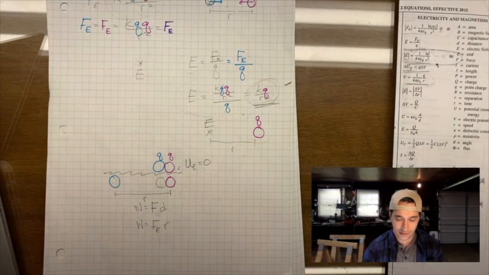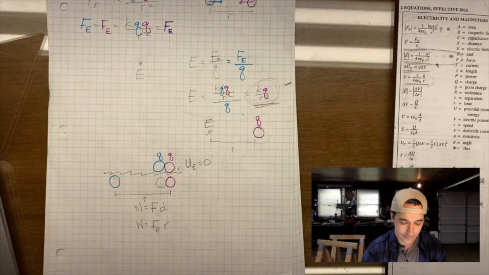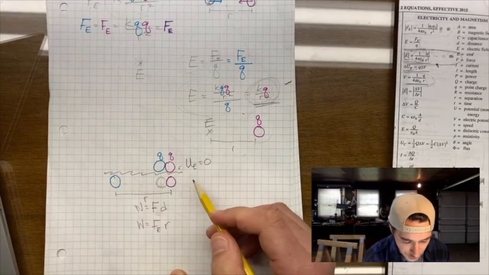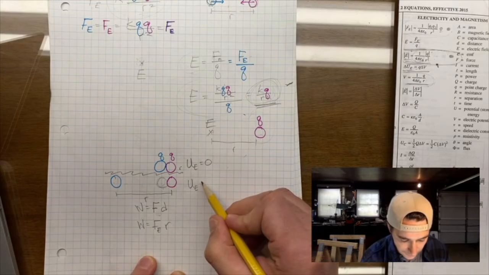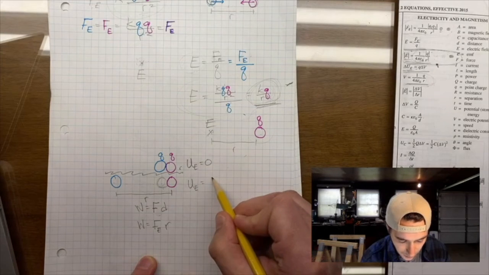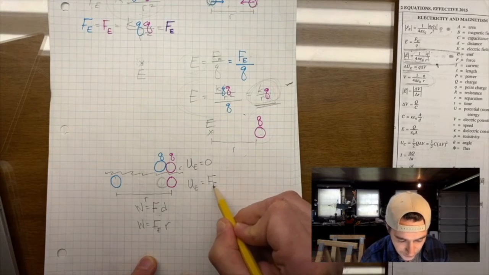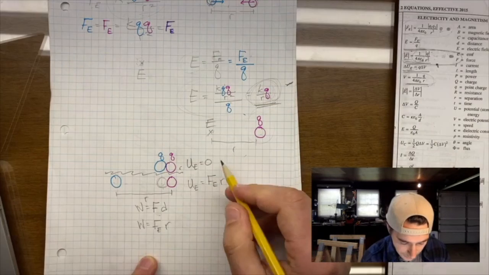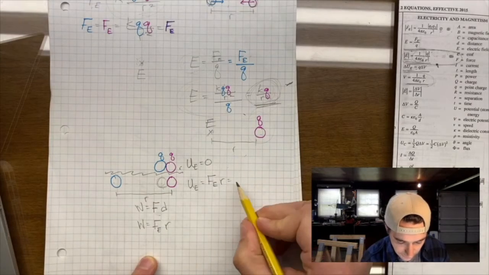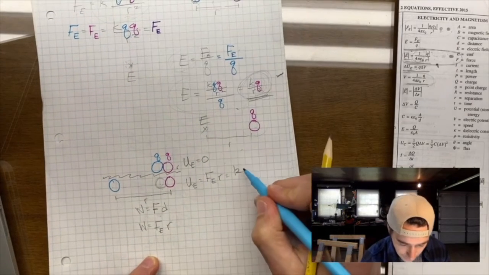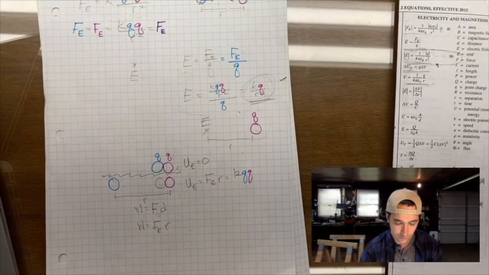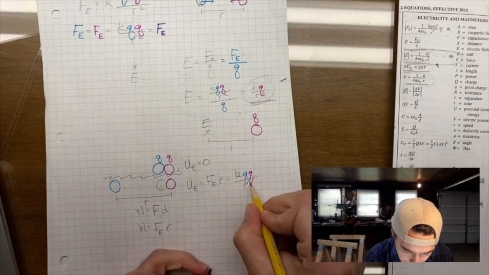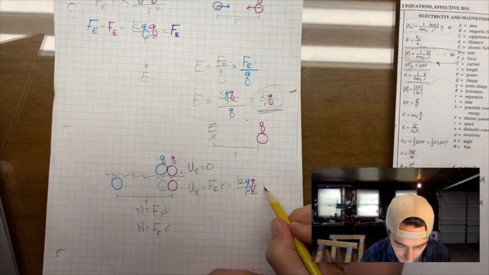I hope you can start to see where this is going. So at this new location, our new electrical potential energy is going to be our electrostatic force times r, which means it's going to be K Q1 Q2 divided by r squared times r.